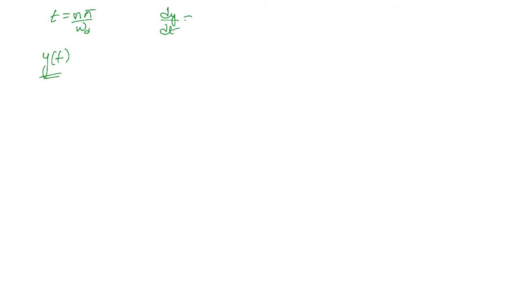We have differentiated and equated to 0 and we have found the corresponding time. Now we have to again substitute this time in the output equation, so we can find out the maximum value of y of t. So y of t is 1 minus e to the power minus zeta omega n t divided by root over 1 minus zeta square, sine omega d t plus theta.